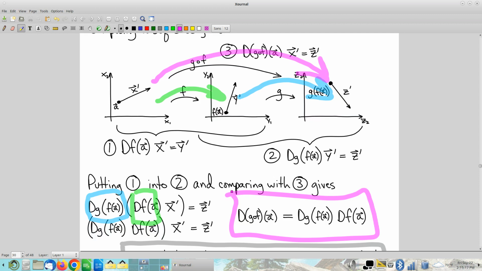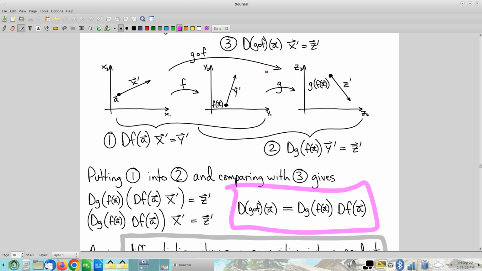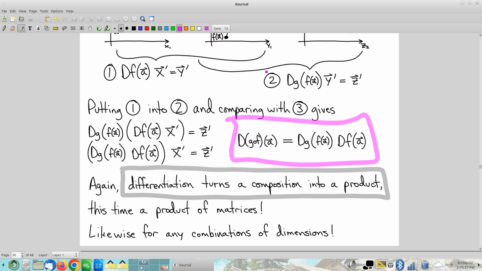Okay. So now there's a bunch of different points of view on how to think about the multivariable chain rule. This one's my favorite. I like to think of multivariable functions not really as functions with multiple coordinate inputs, but as functions with vector inputs, and then think about what derivatives do to those vectors.